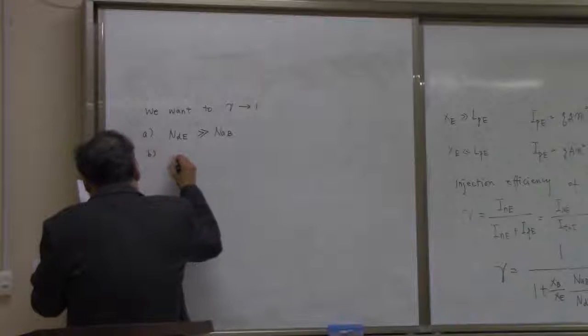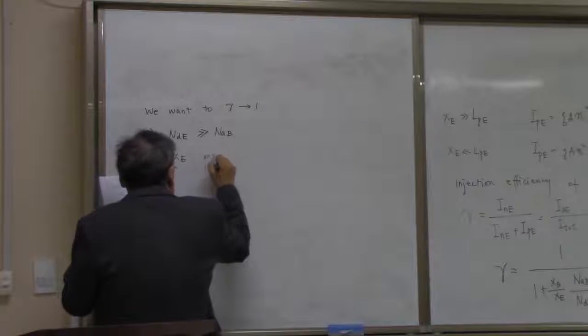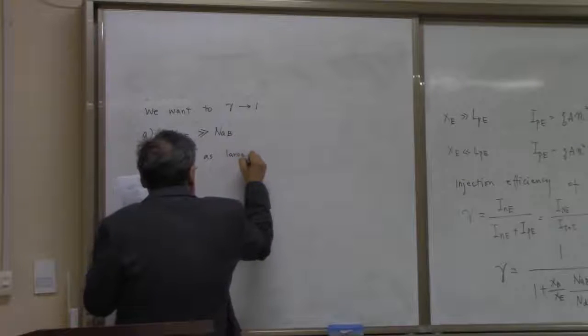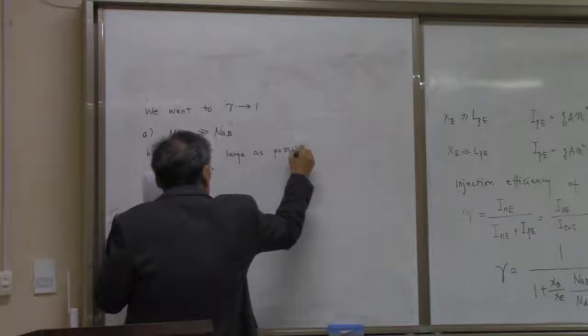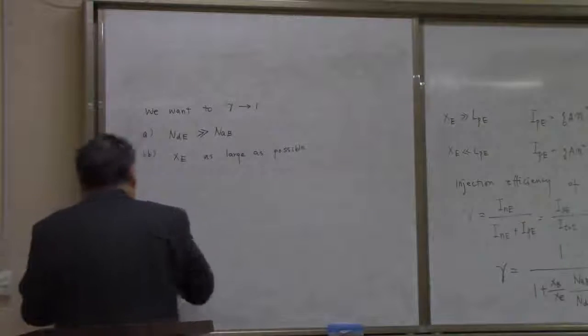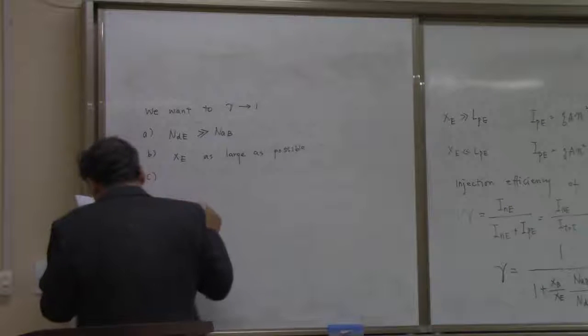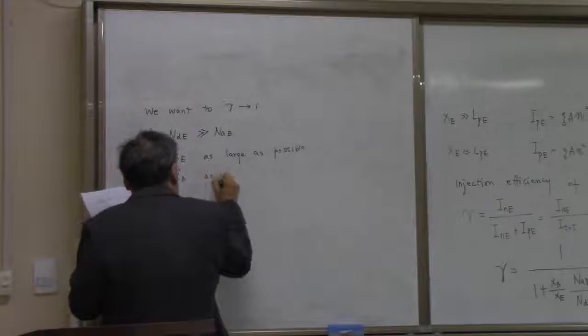And then Xe as large as possible, and Xb as small as possible.